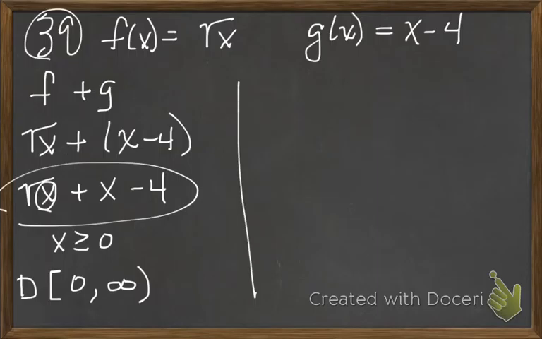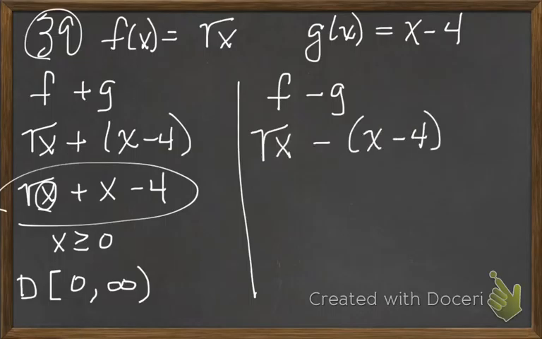When we subtract the two functions, again, just remember to keep that second function in parentheses, because you're going to be subtracting x minus 4, meaning you'll have to distribute a -1. So you're going to get square root of x minus an x plus a 4. Square root of x minus x plus 4, none of those are like terms.